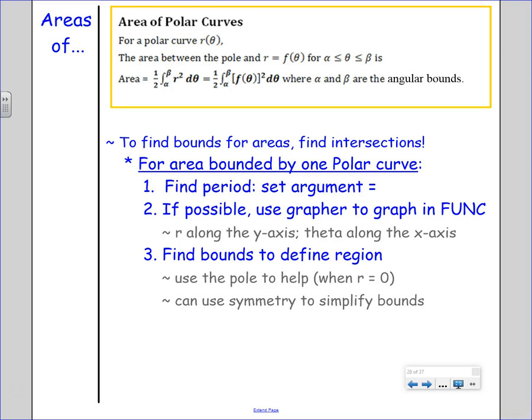And sometimes the intersection that you want to find is not a true intersection, it's just an apparent one. Especially if you have two polar curves, it starts to get interesting. But here's some things that might be helpful.